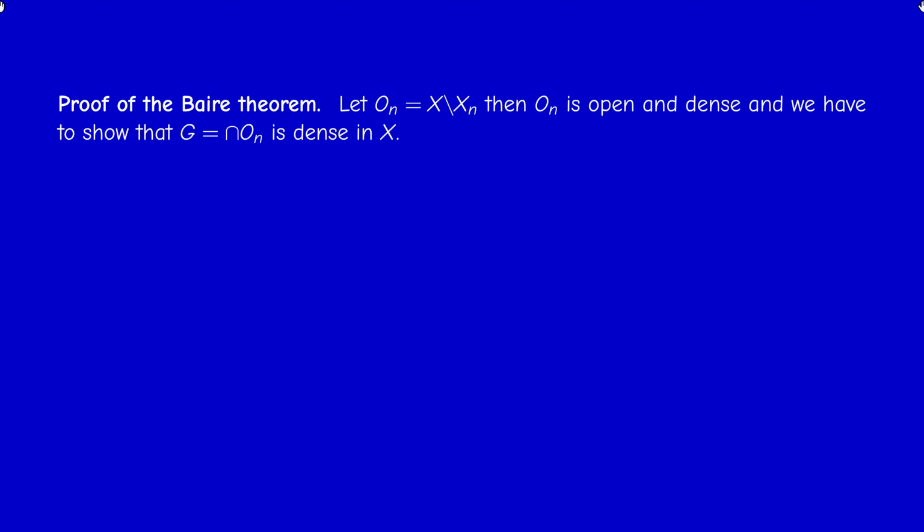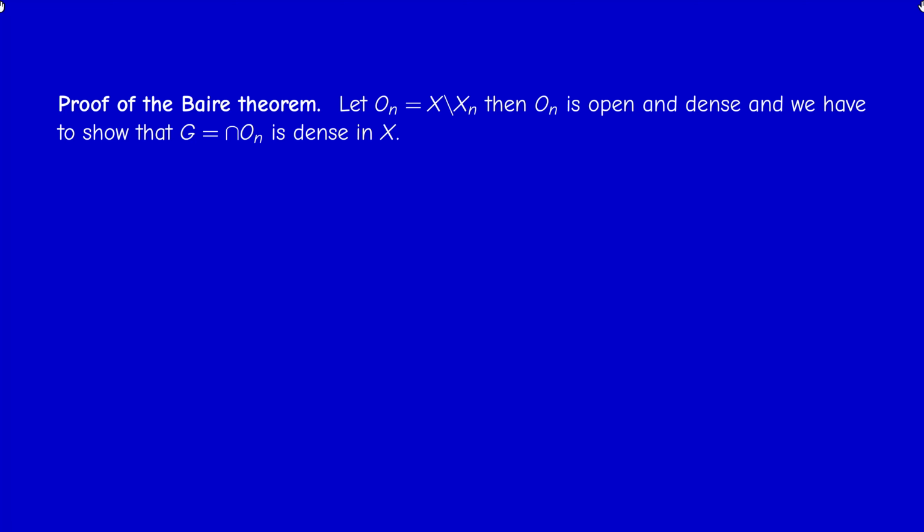So now I go to the proof. Okay, so as I said in the remark, if you did the exercise that I asked you to do, we take the complements. Here we have a sequence of closed sets whose interior is empty.